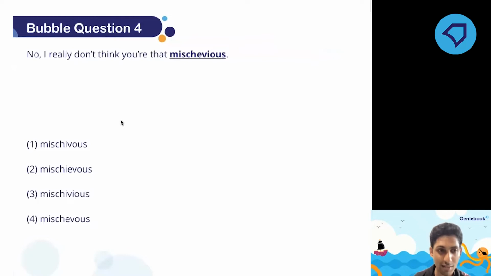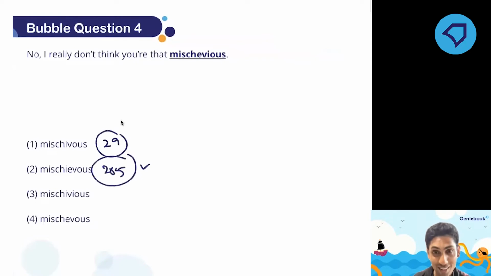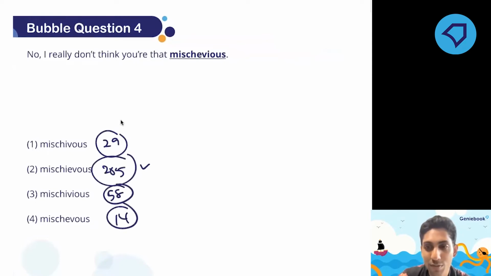Okay, so let me see what this is. High score 58. Okay, let me play the high score sound first. Then I'll explain to you why some of you got it wrong. What a happy sound. Okay, so it is true. This word is spelt with a V-O-U-S.